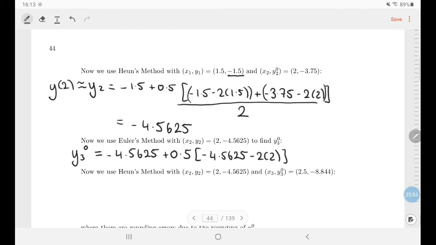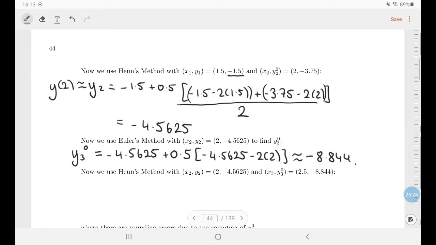And I'm going to go into the calculator just to make sure that there's no rounding here or whatever. So minus 4.5625 plus 0.5 times minus 4.5625 minus 4. Yeah, I'm getting rounding here. So this is only approximately, so I'm introducing rounding, not a great idea, minus 8.844, because I understand Heun's method has errors, and I'm adding to the errors now with my lazy rounding.